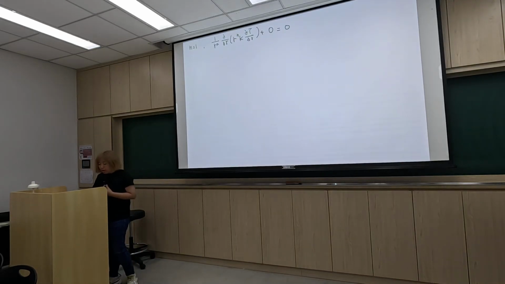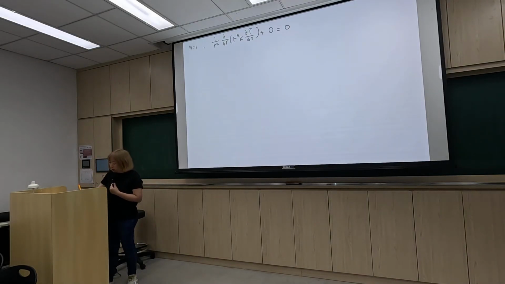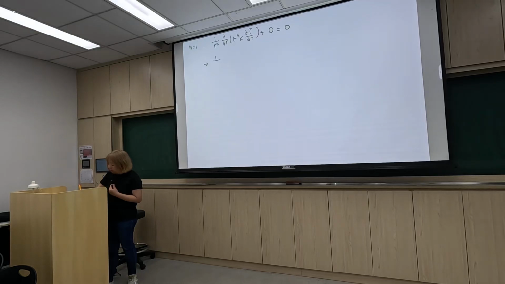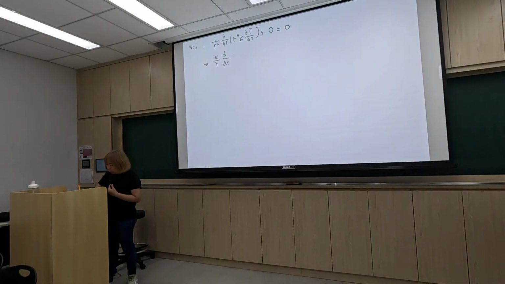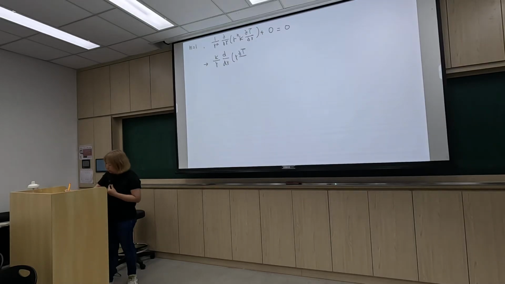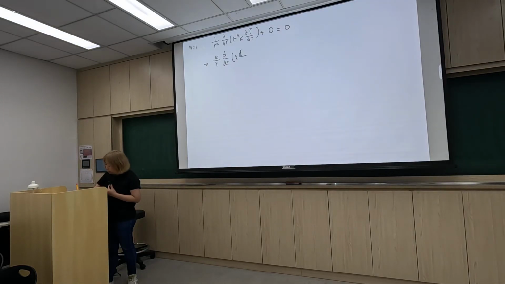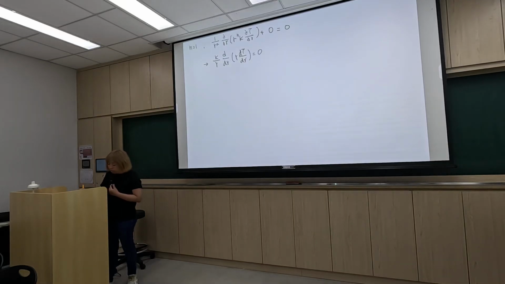Now the governing equation, we take out the k, then it's one dimension and will become dT/dr equals 0.